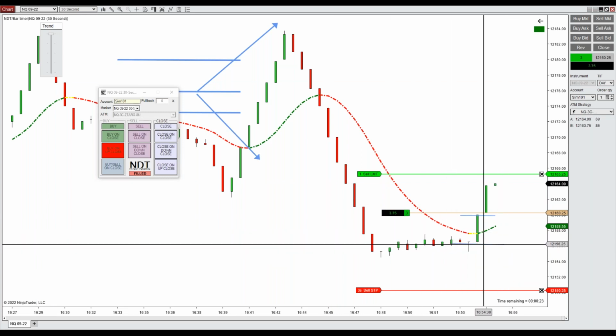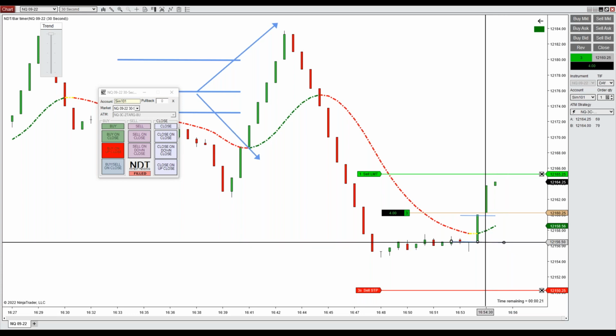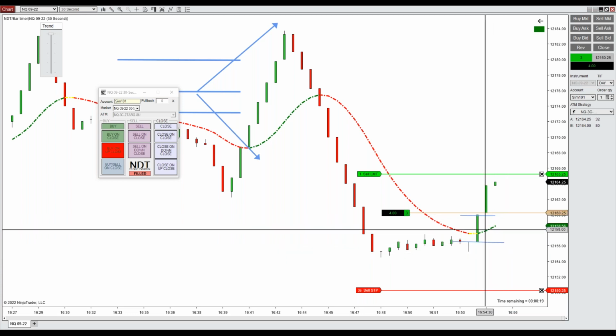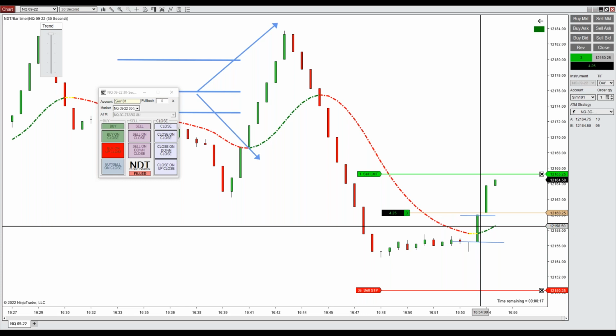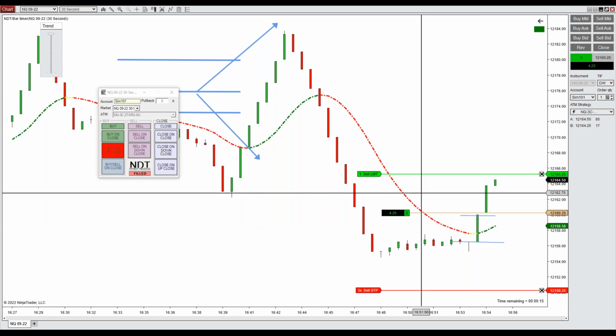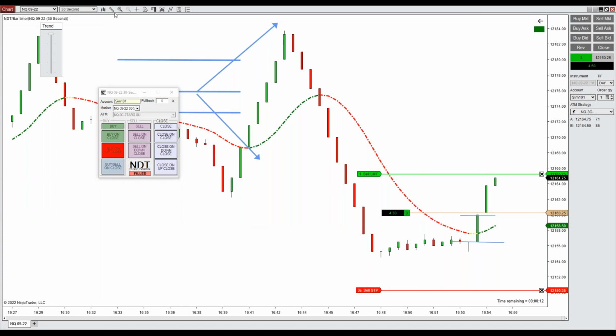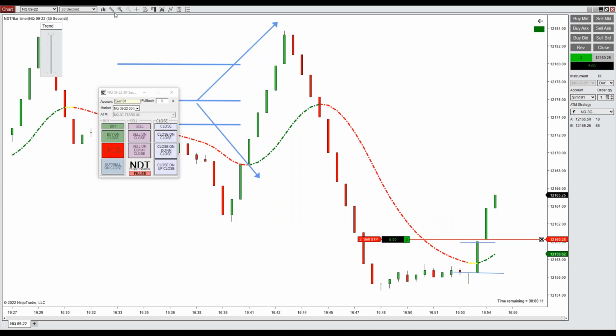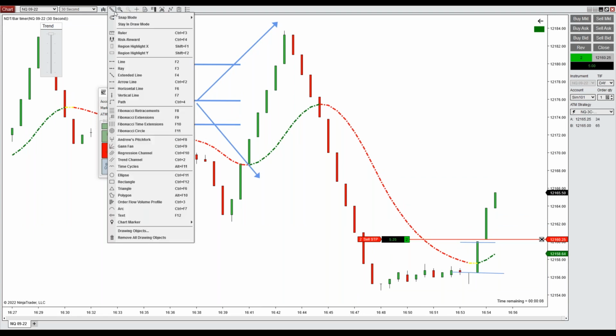So once the bottom of the candle is broken, some traders who really are ardent fans of market structure will consider the trade blown and they're going to take the trade out. I don't feel that way because I've seen too many trades come back off this 15.